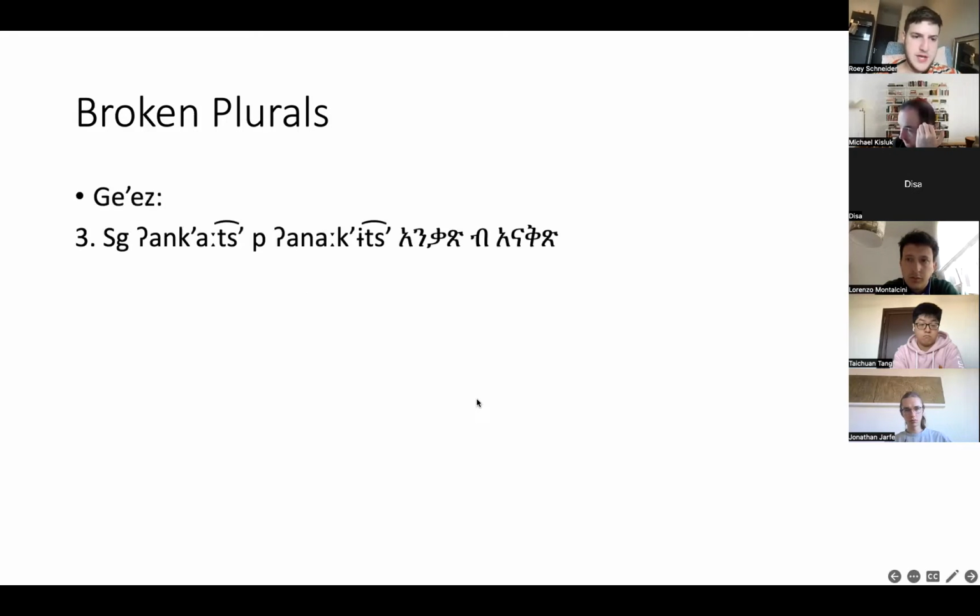And from the third type, I didn't find a lot. So ankat, anakit. This is the only one I found. And they're also not diptotic because, well, everything in Ge'ez is diptotic. There are only two case endings, the accusative and non-accusative, and these receive completely regular case inflection.